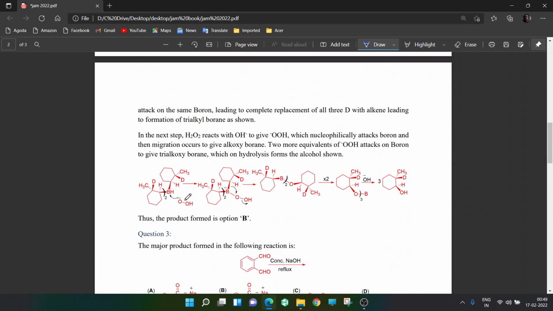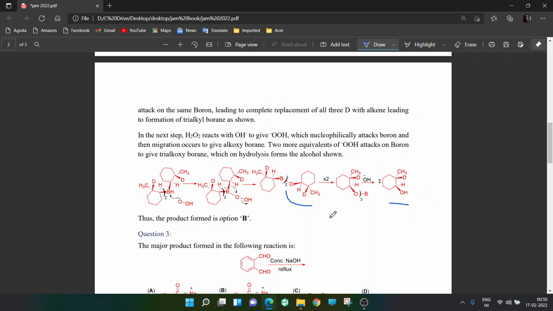H2O2 first reacts with OH minus to give OOH minus, and then this O minus goes and attacks this boron, and boron gets a negative charge. Then this alkyl group moves onto this oxygen, this group moves out, and you get an alkoxide on the boron. So 3 times this will happen and you get this one, then on hydrolysis you get this one.